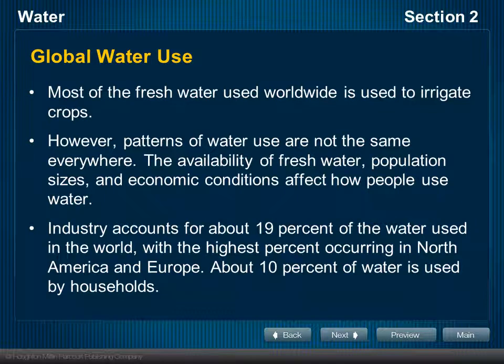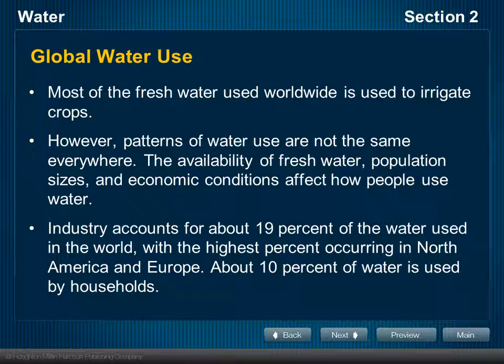Industry is not small. If you notice on the graph on the previous slide, in each of the areas, the smallest use was residential. Industry accounts for 19% of the water used in the world. That's one fifth. The highest industrial use is in North America and Europe.